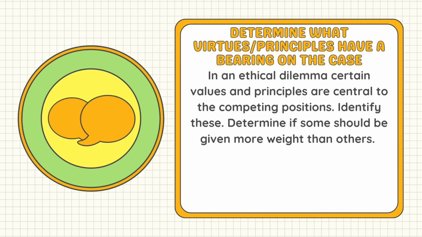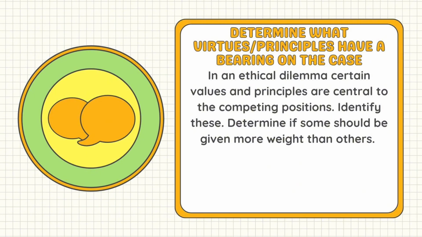Now we're going to move on to step 3, which is to determine what virtues or principles apply. In this step, we ask what moral values are being tested. Is it honesty? Is it respect? Is it kindness, fairness, or loyalty? We must identify which virtues or principles matter the most in a specific situation.